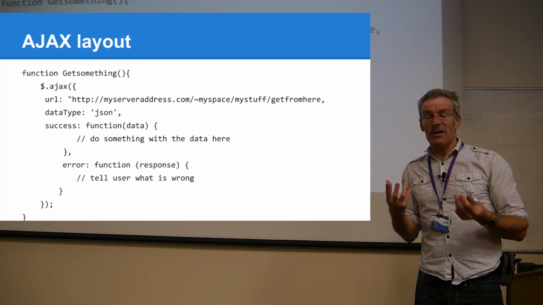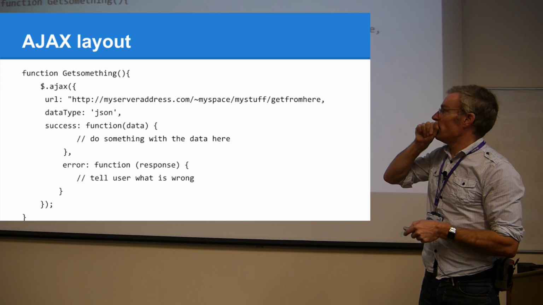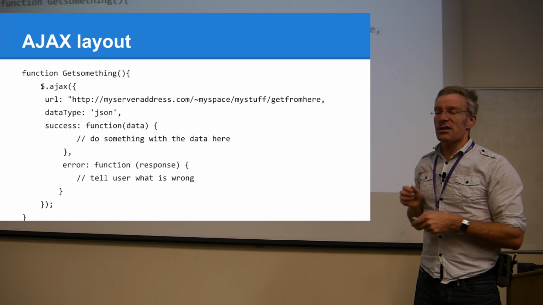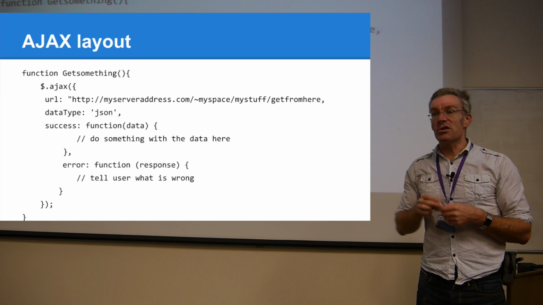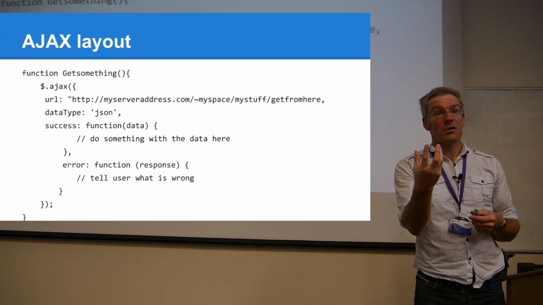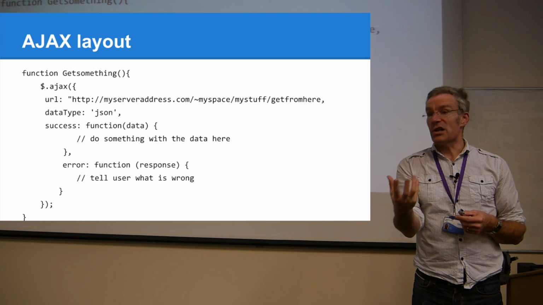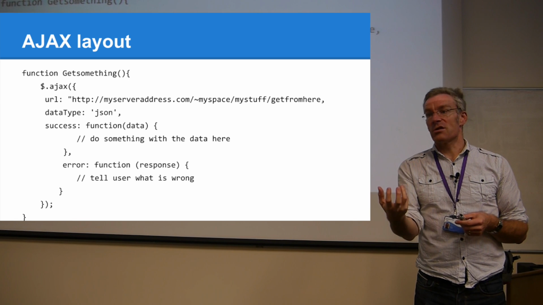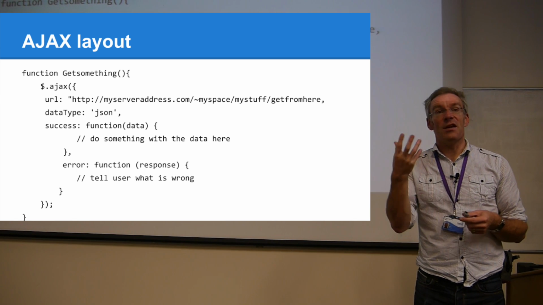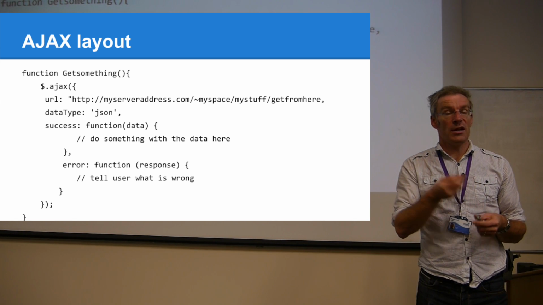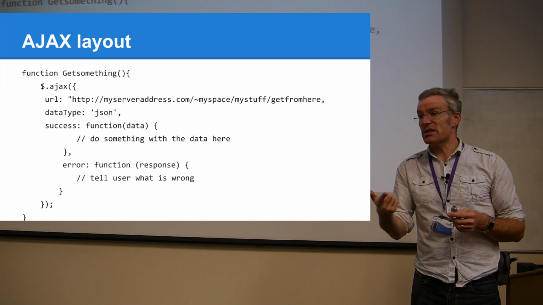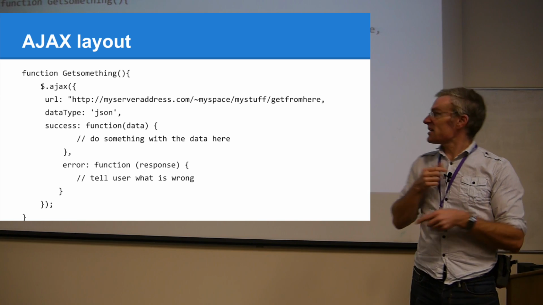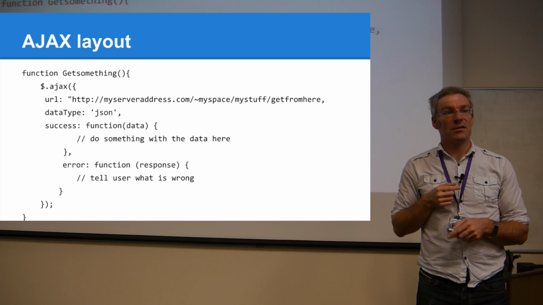So the way to think about it is this Ajax function takes a dictionary, and the dictionary values can be variables, literals like strings and numbers, or functions. You can use a function as a value in the dictionary. And that's what makes JavaScript A, so powerful, and B, so difficult to understand. Because it's very verbose, isn't it?